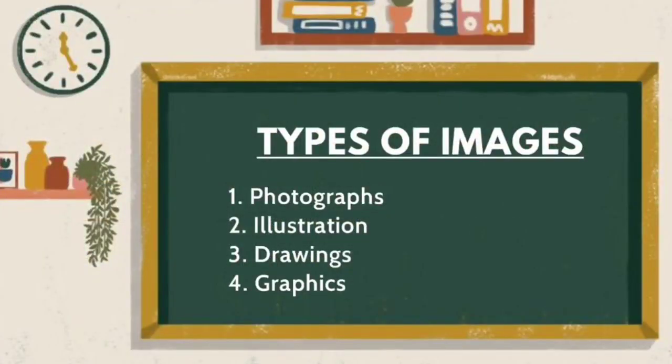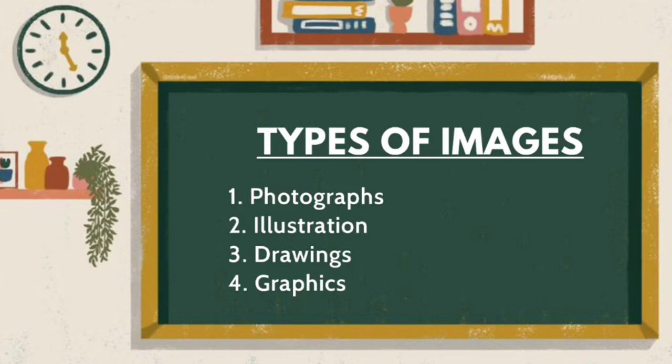The images I'm talking about, we have different kinds of images. One, we have photograph, illustration, drawing, and graphics. Let's look at them one after the other. Graphics are images which, using just a few elements, try to convey the concept, as seen in icons and brands.